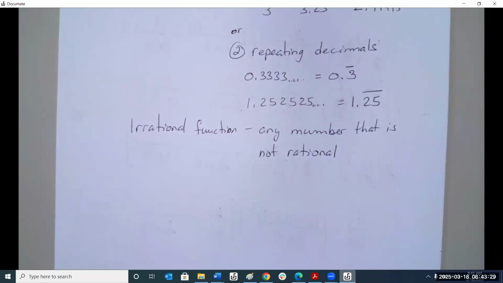Yeah, any number that's not rational is irrational. That's by definition how you see it in math books.